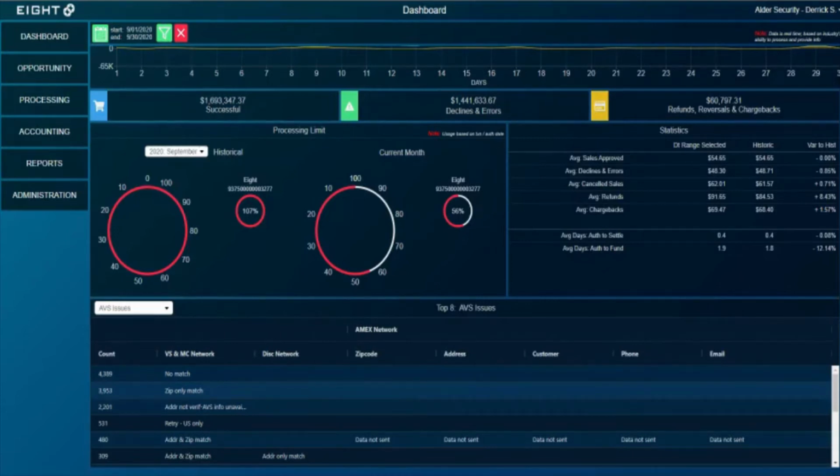But you get more transactions to go through because you're not stopping something for not passing the AVS check. But again, guys, the industry still runs it whether you participate or not. And if you did participate, it's a penalty. It means higher transaction fees. If you do participate, then they will block transactions that don't pass this check. For most businesses, that is detrimental and affects their sales.